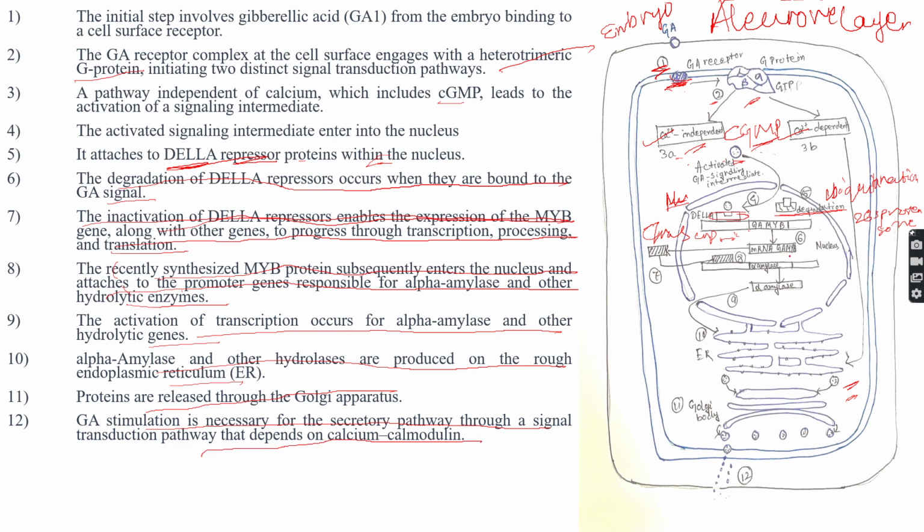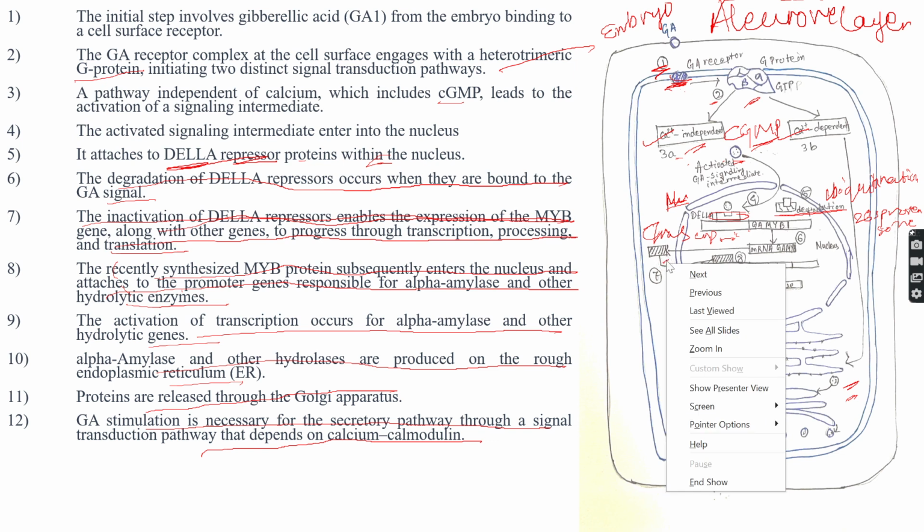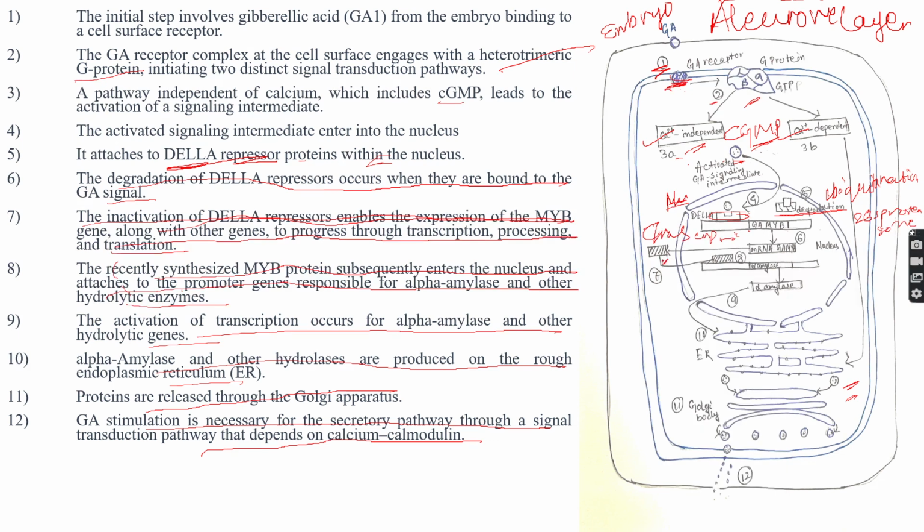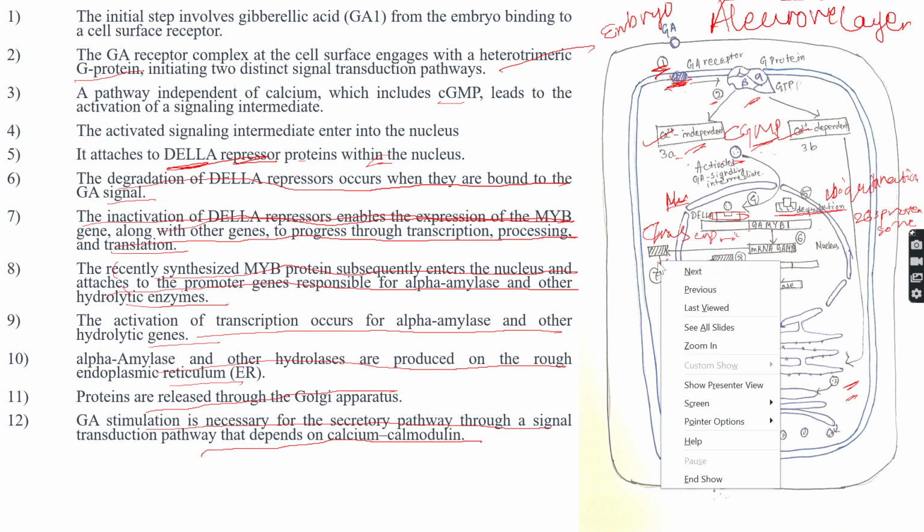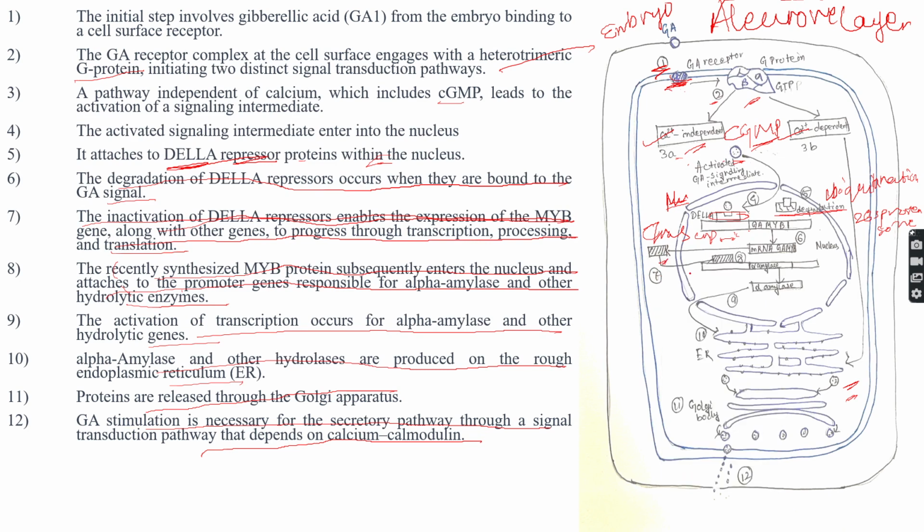As I told here, GAMYB mRNA is produced, or transcription is happening here, translation of protein is happening here, and that protein is coming to the cytoplasm and entering again into the nucleus, being a transcription factor. That transcription factor will attach to the promoter region of alpha amylase, which will again help in transcription and translation of alpha amylase.